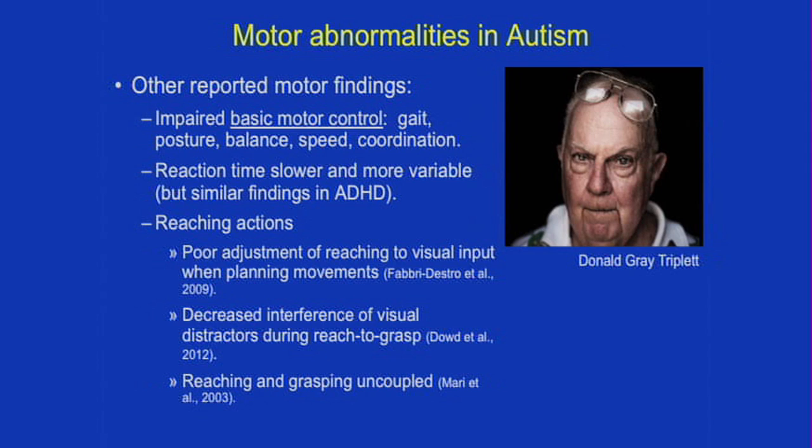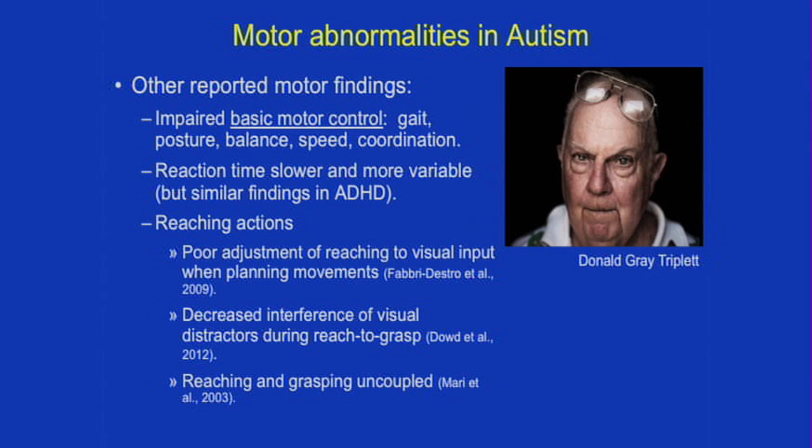Where there is maybe some more specificity is in reaching actions, and what's interesting and gets to some of the punchline that I talked about is that in looking at reaching actions, there was a recent study that looked at the adjustment of planning reaching movements based on visual input, based on the perceived stimulus that they were responding to.